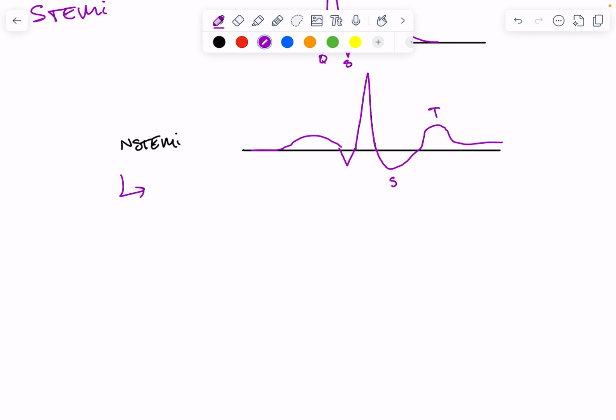And because we don't have an area of negative setting up a dipole with an area that is still positive, at this point the ECG will try to draw a line at the original baseline.